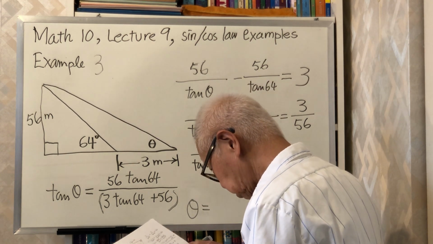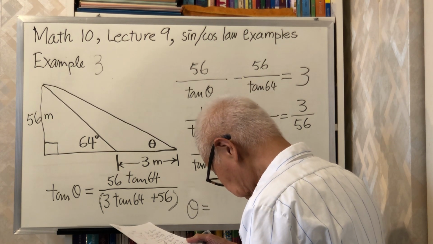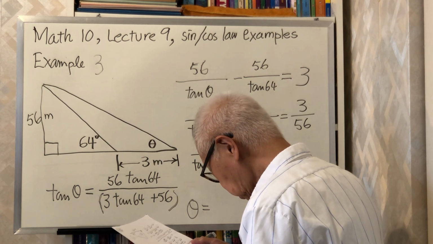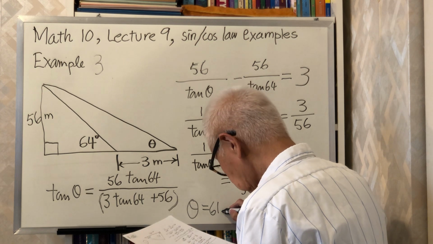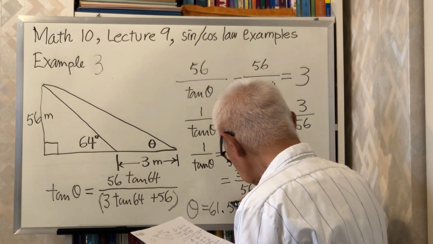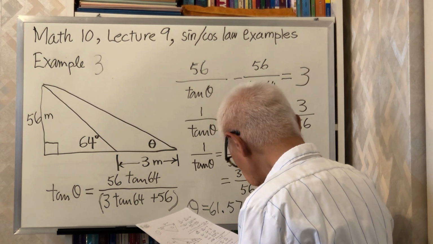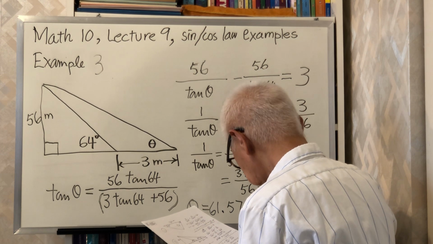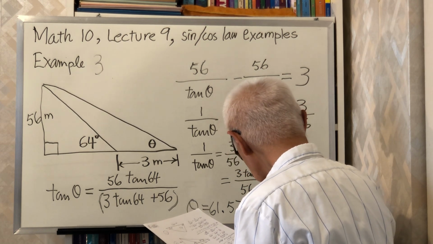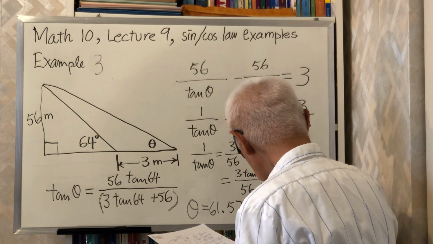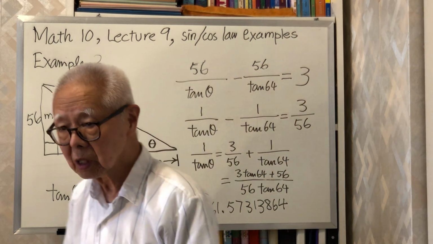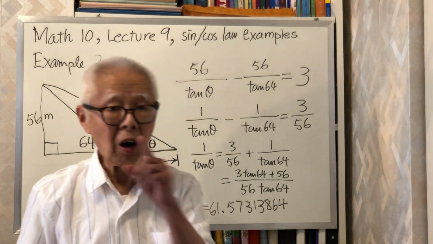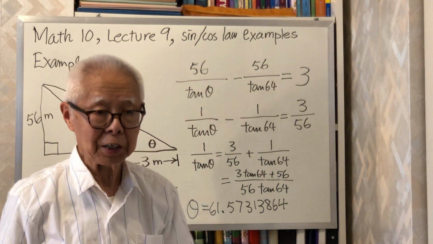What is the theta now? Theta is 61 point something. As I said before, if you do this in one step, you get all the decimal answers from your calculator.